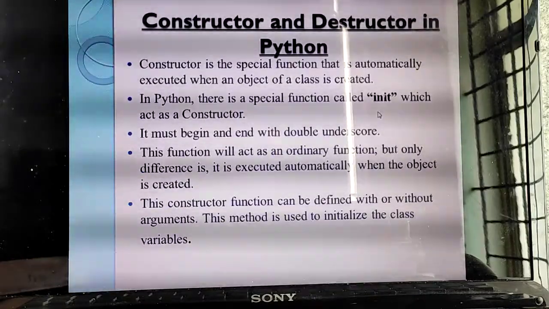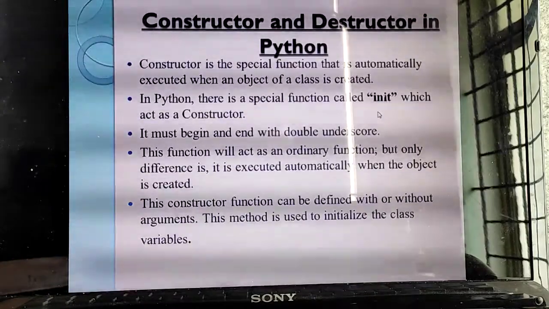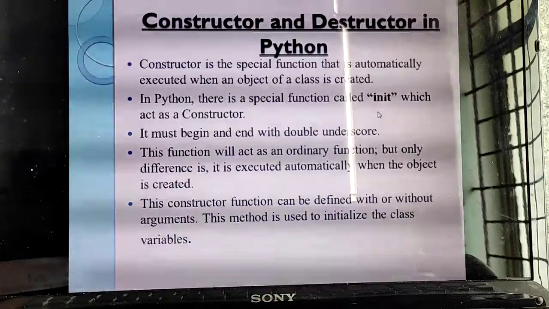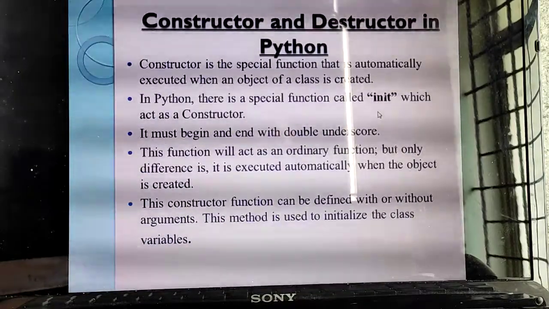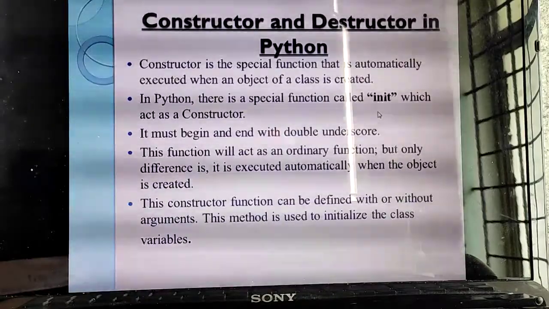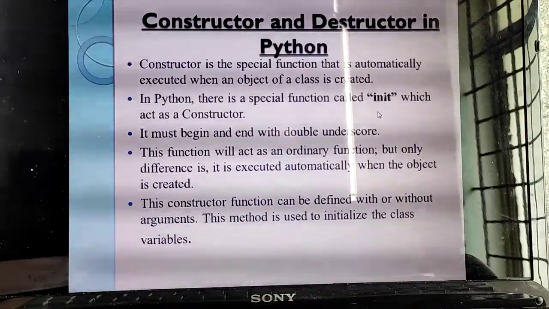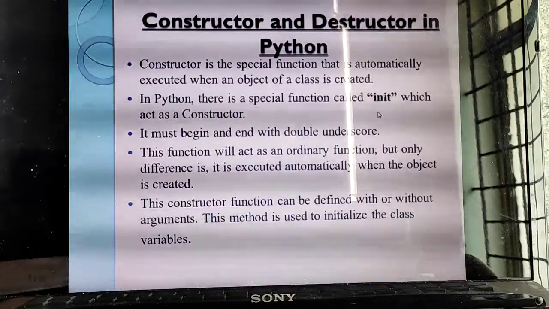Understand? So what things have you studied in the constructor? A constructor is a special function, and it will execute automatically whenever you create an object for the class. The special function you use in the constructor is init. The constructor always begins and ends with double underscore.